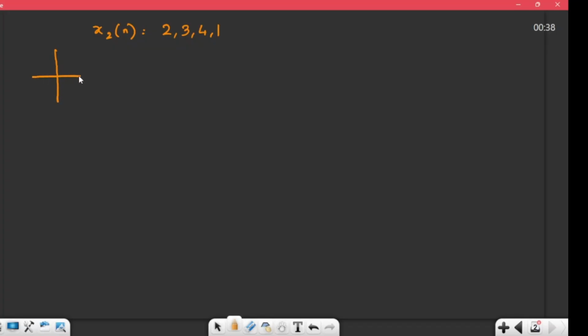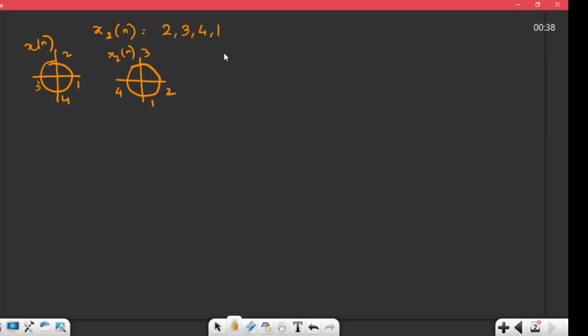This is your x(n), 1, 2, 3, 4, and x2 is 2, 3, 4, 1. This is your x2(n). How are they related?